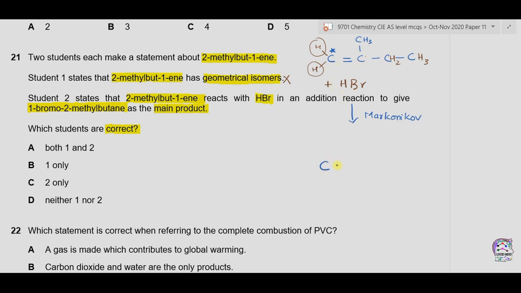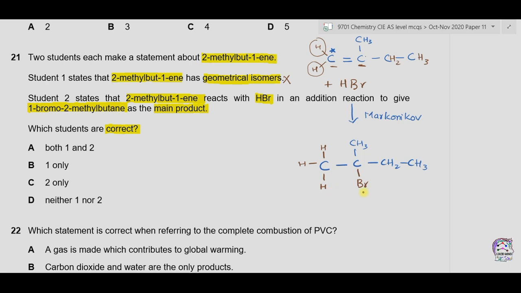We have carbon, carbon CH3, CH2, CH3. Now there are 3 hydrogen atoms with this carbon and 1 bromine with this one. This is the major product. The other product is also formed, in which hydrogen is attached with this carbon and bromine is attached to the other carbon, but that will be the minor one. So the major product is this one.